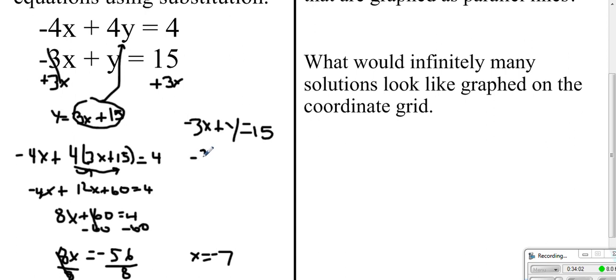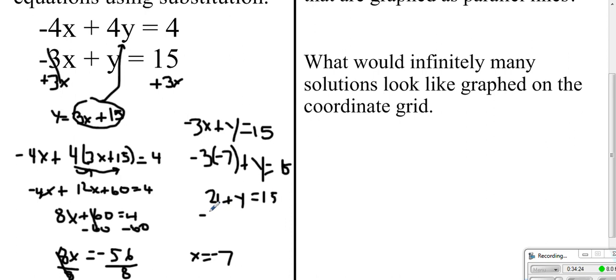So it's negative 3 times negative 7, because this is x, and x is what it's supposed to be substituted in, and you're supposed to solve for y. So negative times negative is positive. And 7 times 3 is 21.